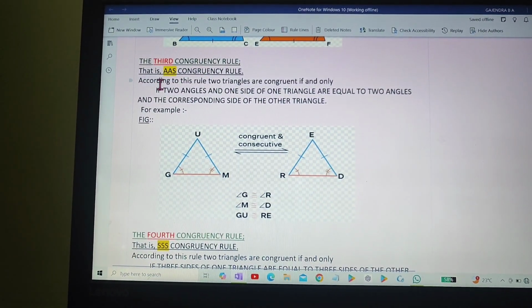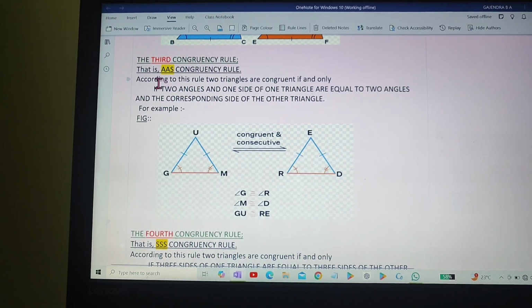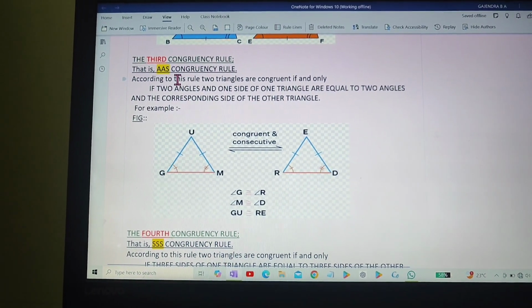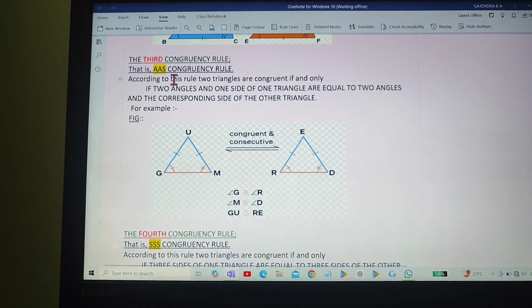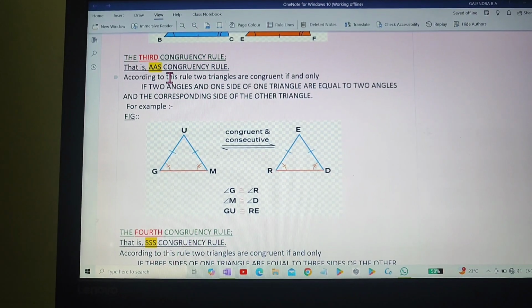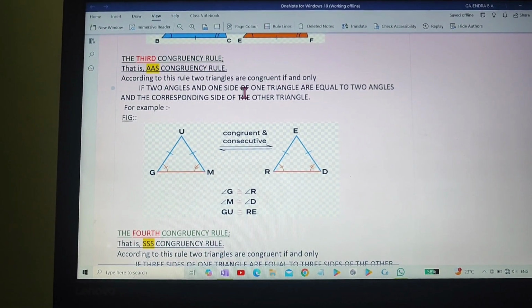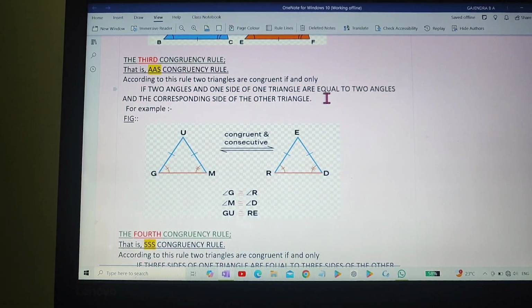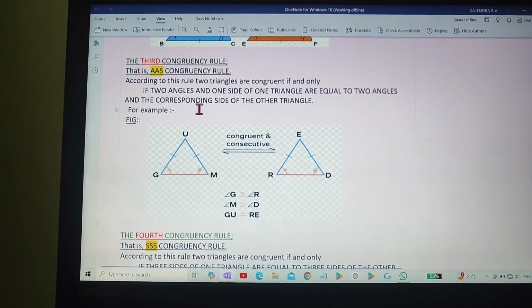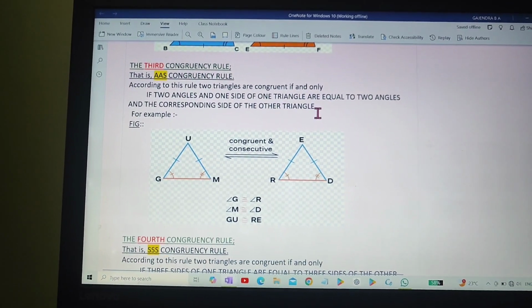Now let us discuss the third congruency rule, the AAS congruency rule. According to this rule, two triangles are congruent if and only if two angles and one side of one triangle are equal to two angles and the corresponding side of the other triangle.